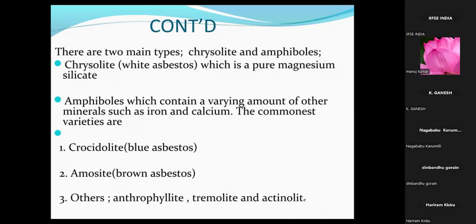These are the most common types of asbestos. Among the amphiboles, the most common varieties are crocidolite, that is blue asbestos, amosite, that is brown asbestos, and other times anthophyllite, tremolite or actinolite. So these are the different types of amphibole asbestos that commonly occur.